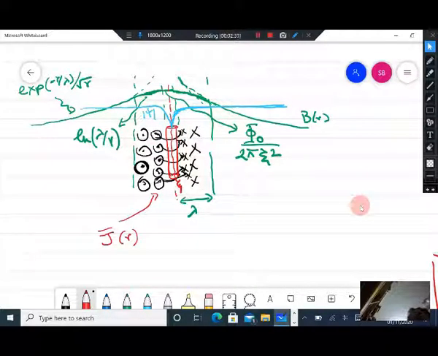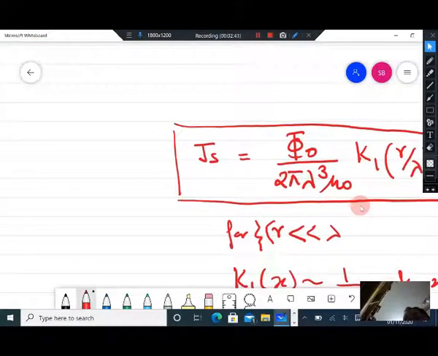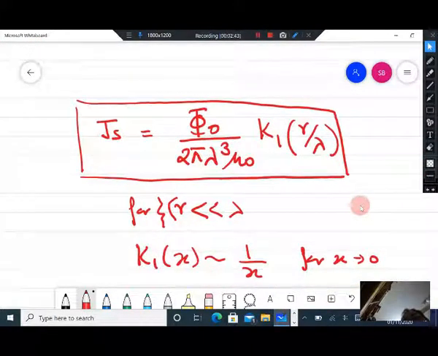And these shielding currents we have also derived from Maxwell's equations, which we had shown here: the current density J is phi naught by 2 pi lambda cube mu naught K1(r/lambda), where this is the first modified Bessel's function.